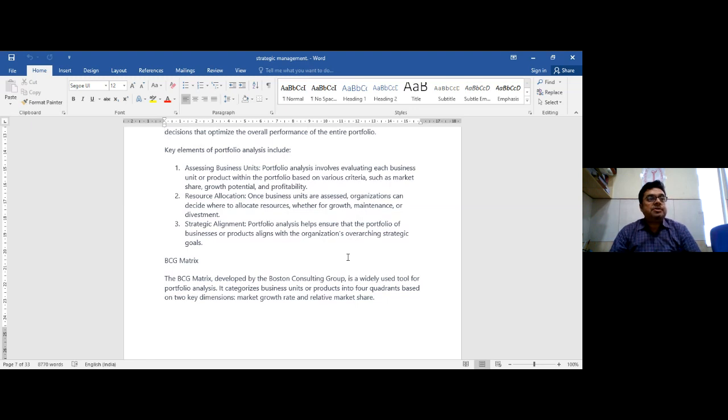The second dimension is about resource allocation, and resource allocation includes assessment of business units where organizations can decide upon where to allocate resources in terms of growth, in terms of maintenance, or in terms of divestment.